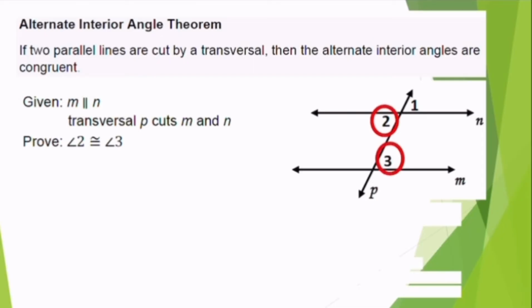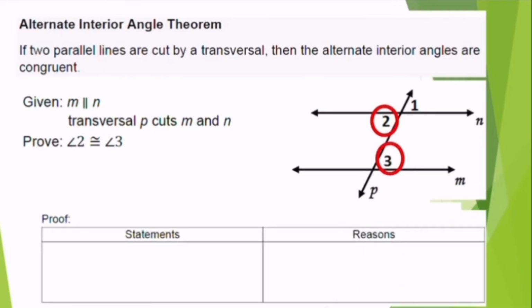So for this, we need to have our proof. We have our statements and reasons. For our first statement, line M is parallel to line N, and the reason here is given.